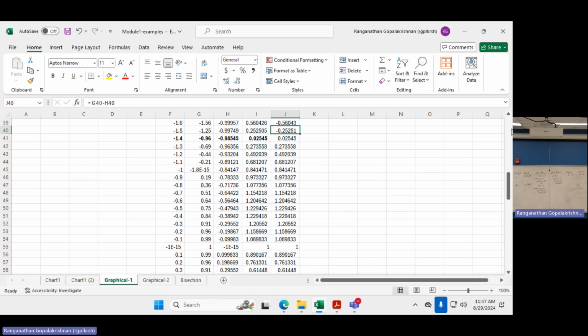So this means if you have minus 1.5 here, this range is no longer relevant, just like this range became irrelevant in the previous step.